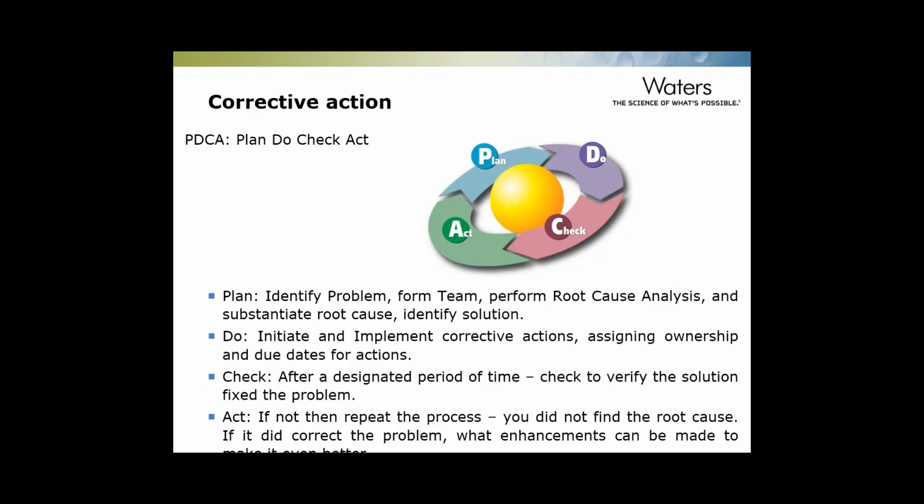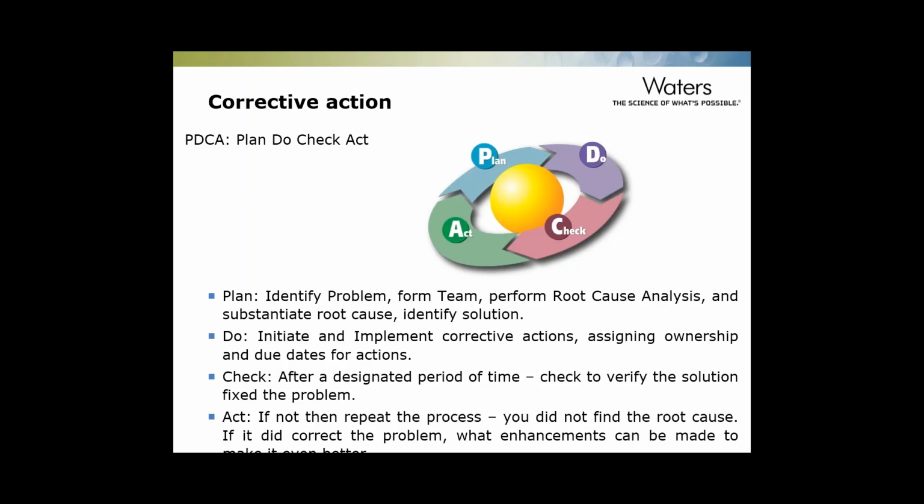In this case, we would assign somebody to rewrite the procedures and do the training on calibrating balances. We'd also rewrite our training process to ensure that all new technicians, or anybody making product for the first time, has somebody shadowing and mentoring them through the process.